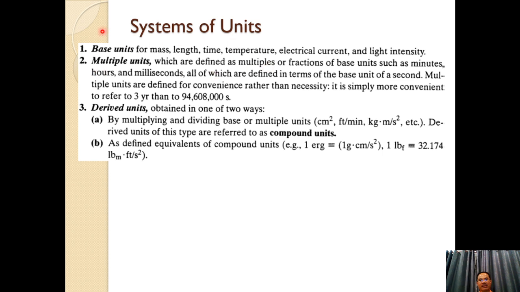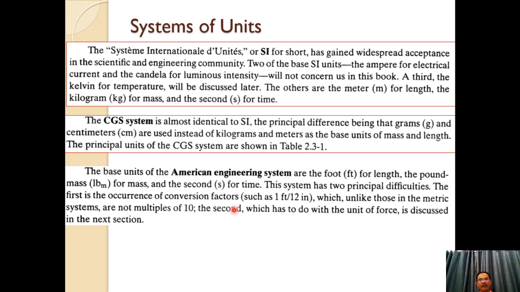Okay, we can conclude that we have three unit types: base unit, multiple unit, and derived unit. And another kind of system of unit, we can classify at least three systems that are most commonly used. The first is the SI unit, which I think you know already is very commonly used in engineering.